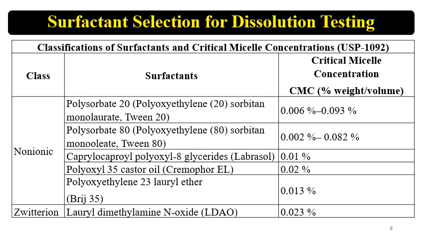The non-ionic example is polysorbate, which is available as polysorbate 20 and polysorbate 80. Then the zwitterionic surfactant example is LDAO, and its CMC is 0.023%.